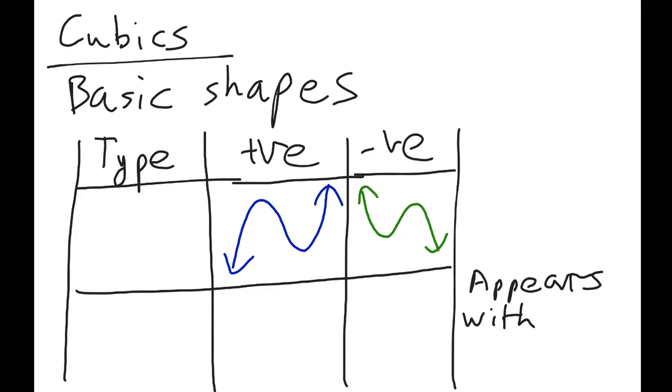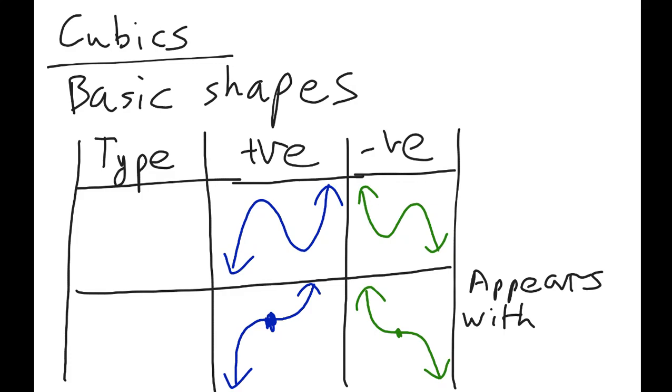However, you may also sometimes see one where you have a flat bit in the middle, in which for the positive one it will look like this, and you have a flat bit in the middle like that. And for the negative version, it goes the other way. And there's your point where it goes flat.